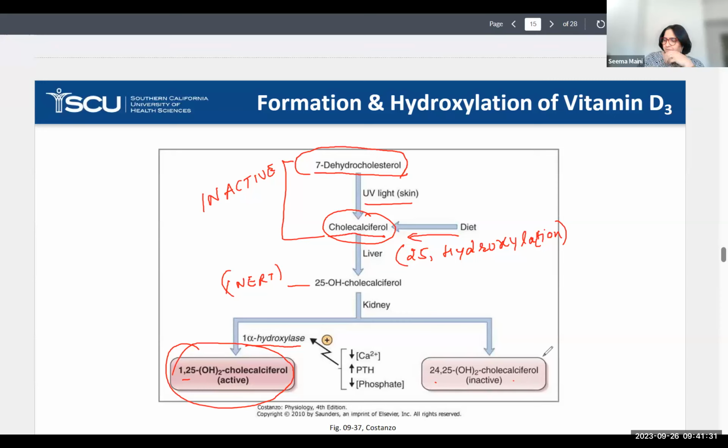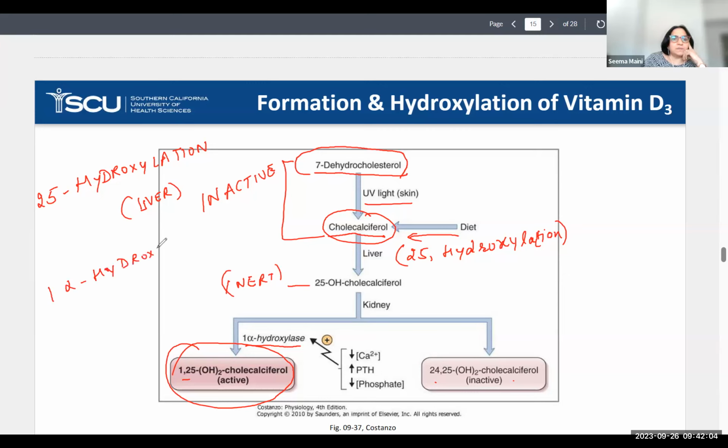So you can tag this slide because you have questions and you have to be very clear: 25 hydroxylation, where does that happen? Liver, okay? And then 1-alpha hydroxylation, where does that happen?